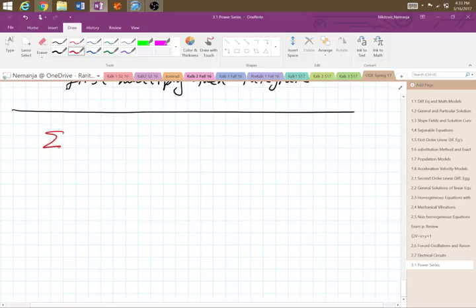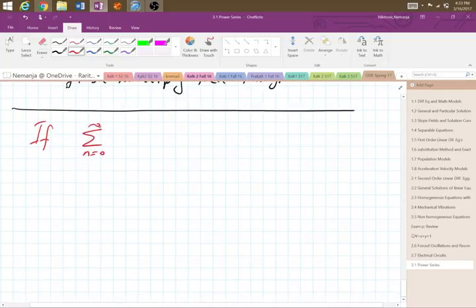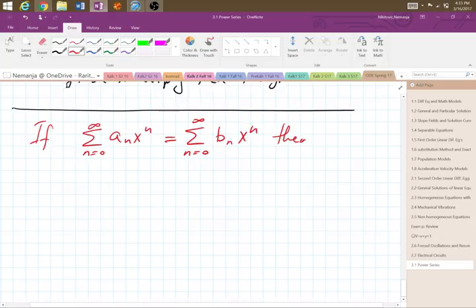Let me put it this way: if the summation, n starts, let's say, at 0 to infinity, of a n x to the n is the same as this one, then a n equals b n. So this is just the equality of these things.